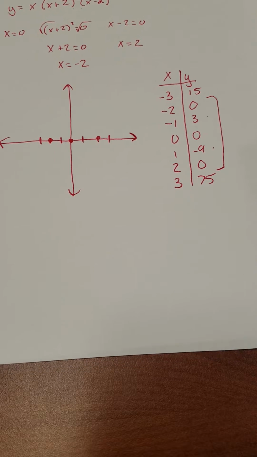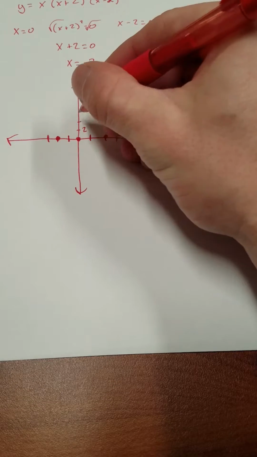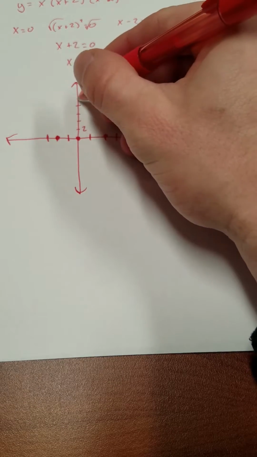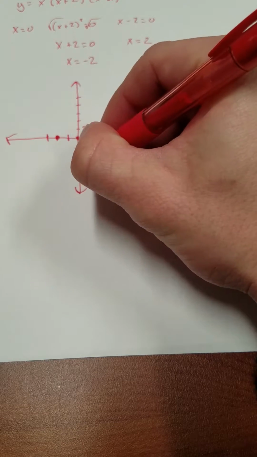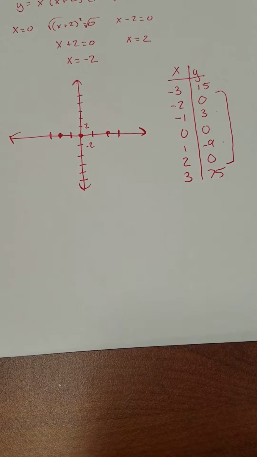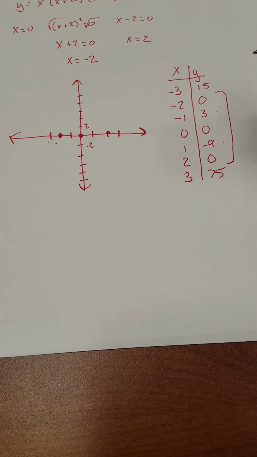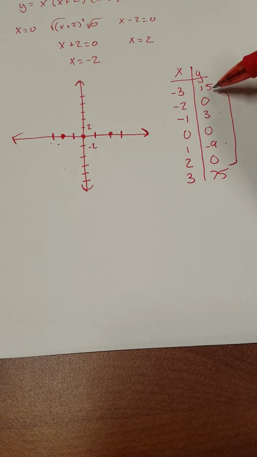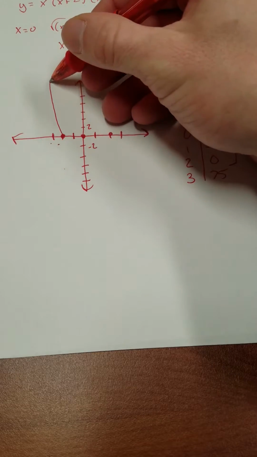You can count by 1s if you would like. I'm going to count by 2s. All right. Negative 3, 15. Again, I don't need to plot that exact point. I just need to know that that's telling me that this point's going to go up.